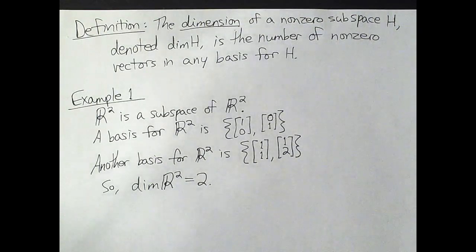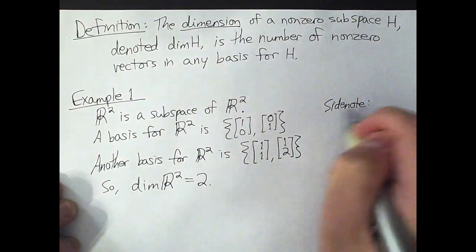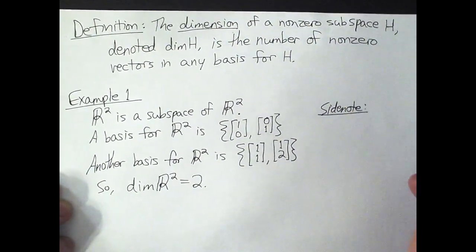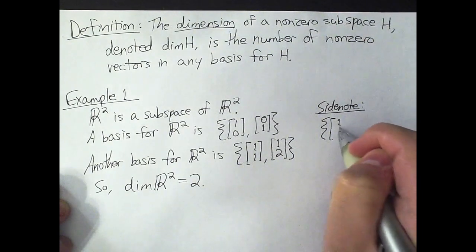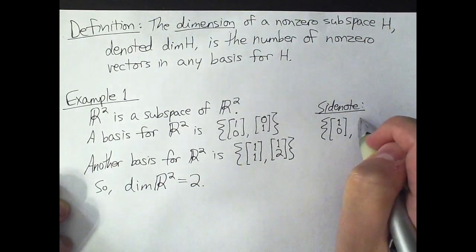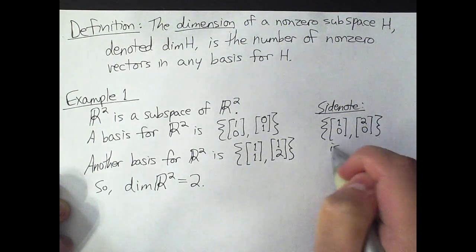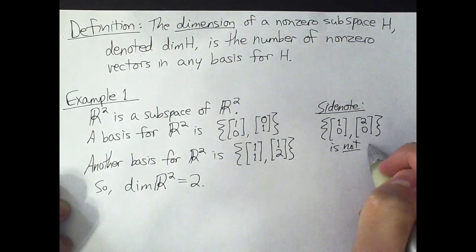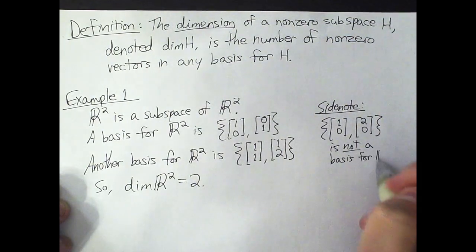Does that mean any two vectors work? Can I just pick any two vectors? Side note. What if I just try any two vectors? Do you think that works? That's not a basis for R2.